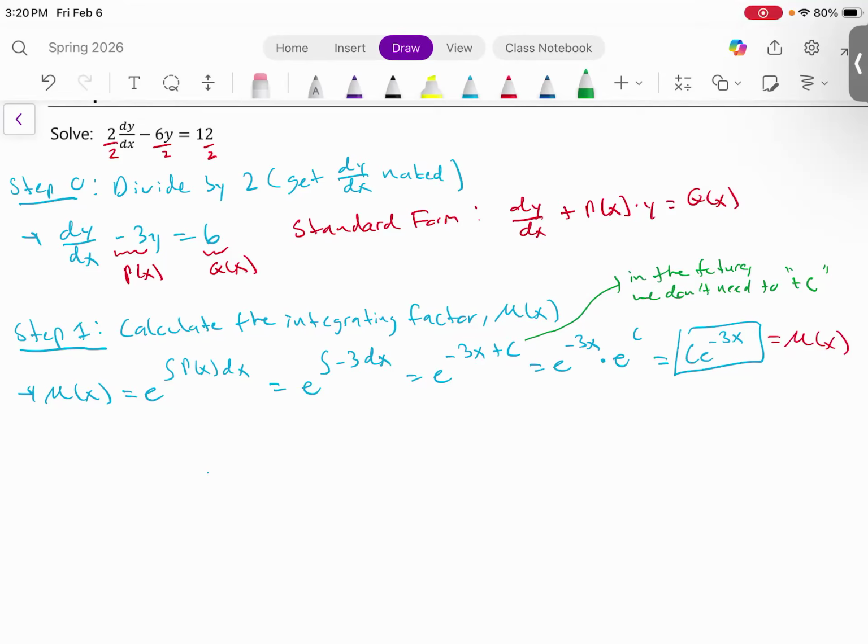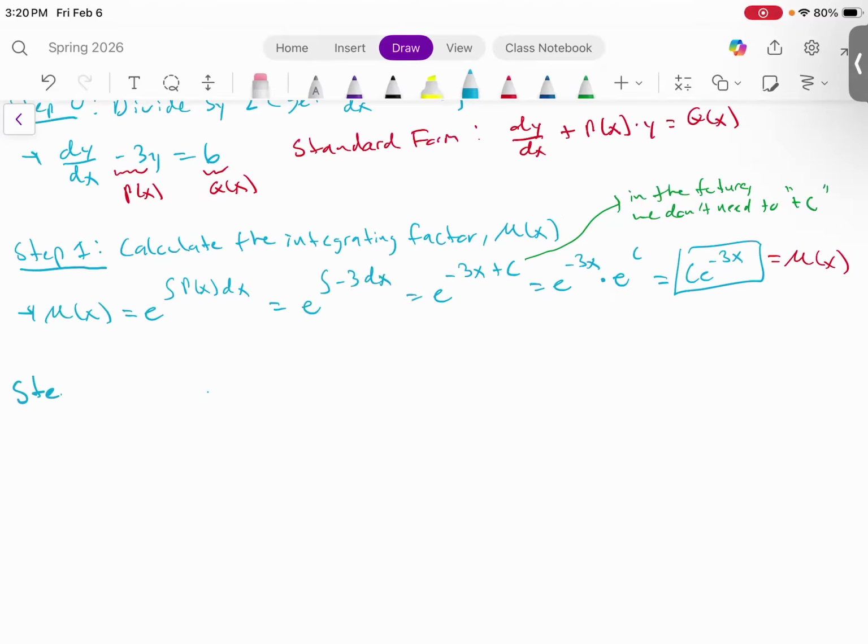Let's see why that's the case in step 2. Step 2 is multiply both sides of the differential equation by the integrating factor we just calculated.